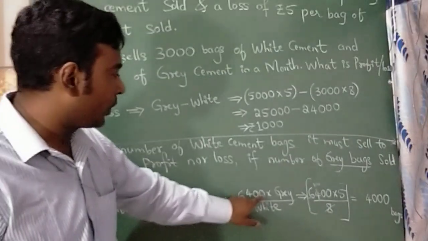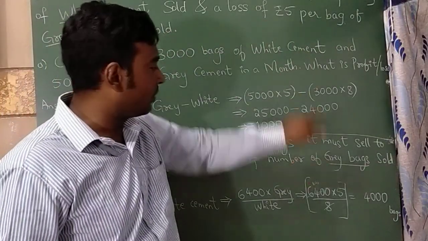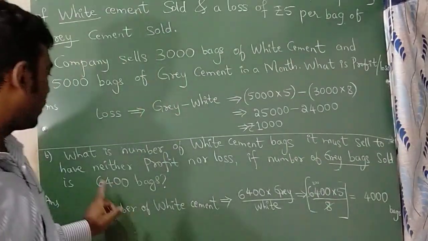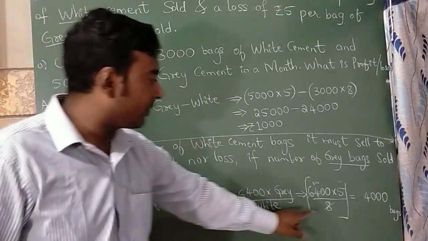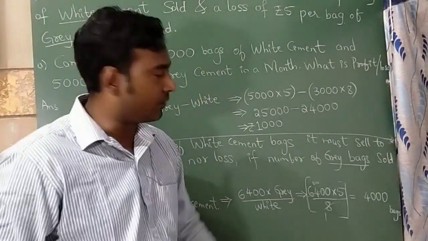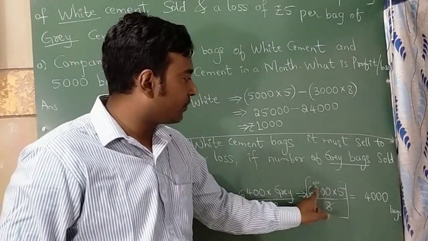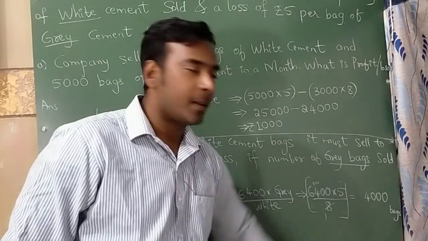Fine. 6400 into grey. Grey in the question how much it is? 5 rupees. So it is 5. And white in the question they have given 8. So 8 ones are 8, 8 8s are 64. So 800 into 5. So 5 8s are 40. So it is 4000 bags.